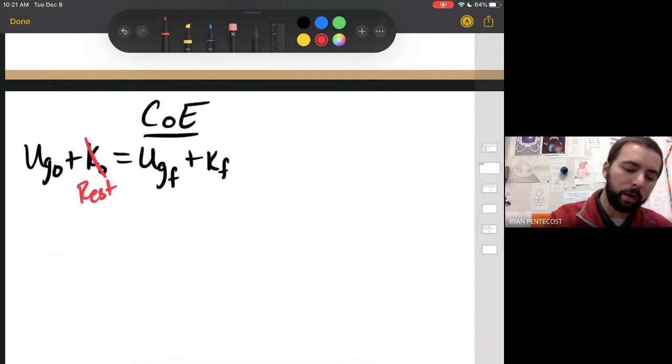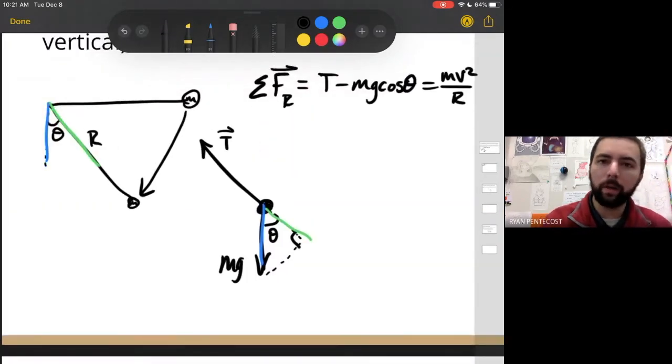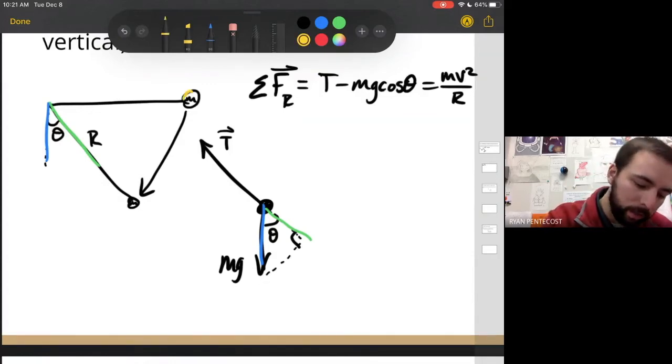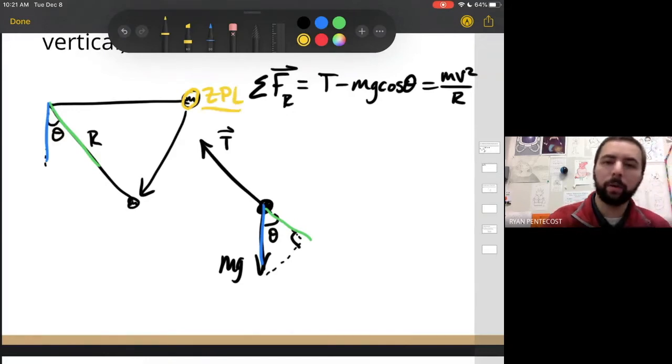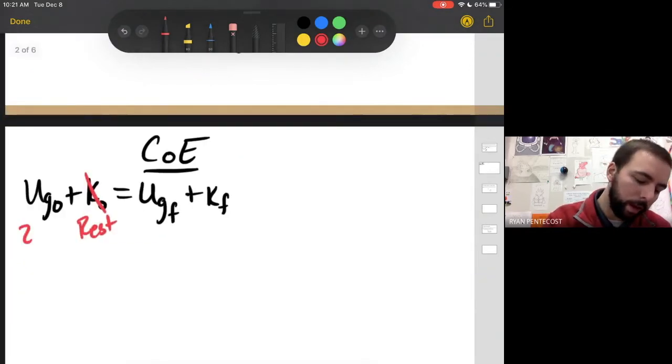Our ZPL is going to be tricky here, right? Because the only position we know that even exists is this one right here. That has to be our ZPL because we have no idea how far that is actually going to drop before it breaks.